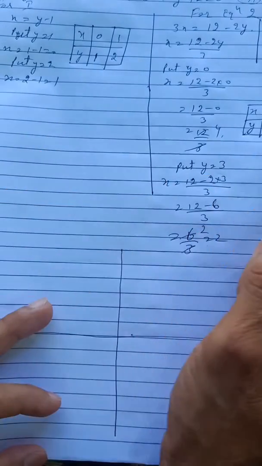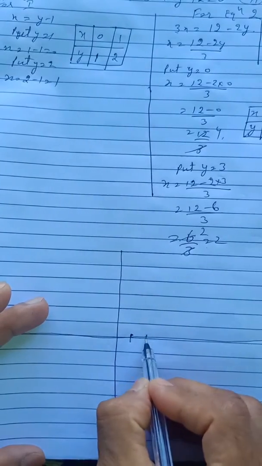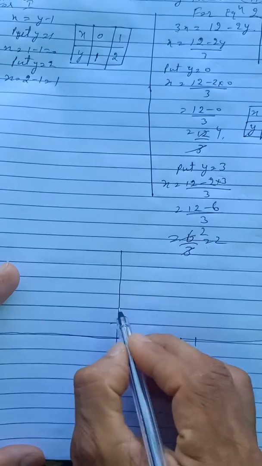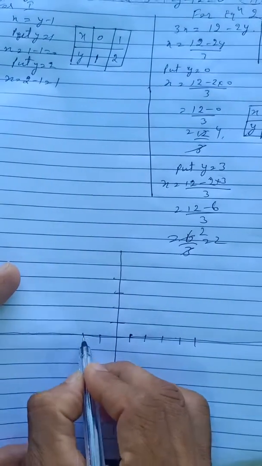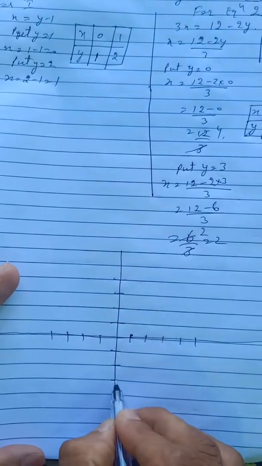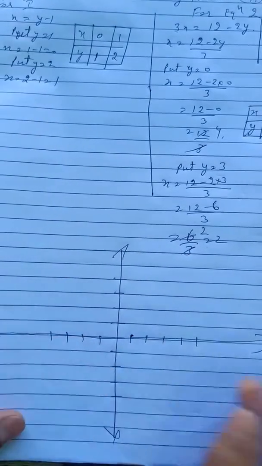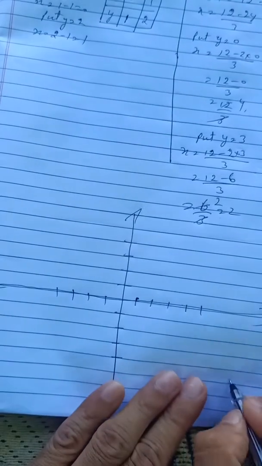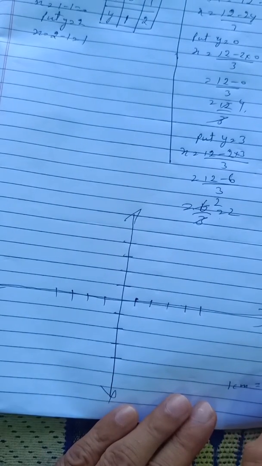The maximum value from the graph is 4 for x and 3 for y, so we mark 1, 2, 3, 4, 5 on the axes. Also we write the scale for it: 1 centimeter equals 1 unit.